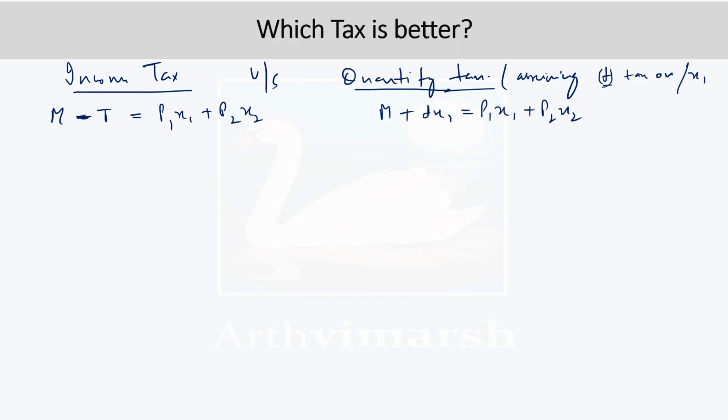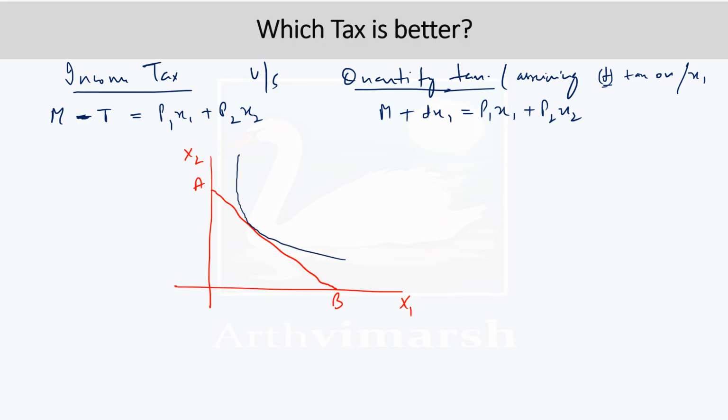We are assuming a two commodity case. So in the xy plane, say for example you have these two commodities. This is your initial budget line AB, and this is your indifference curve, which was tangent at this point. That is, this is the optimal choice. This is the original choice combination of the consumer.